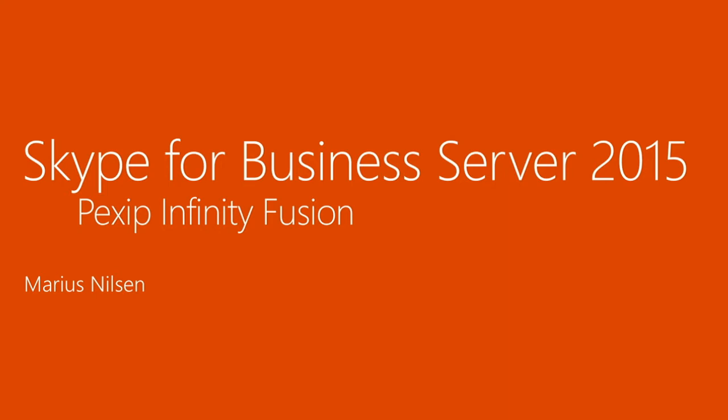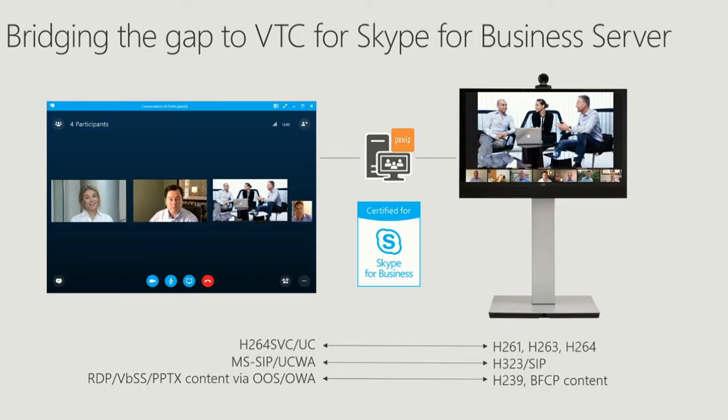Good. So I will talk a little bit about the certified Skype for Business interop for Skype for Business Server on premises. The Pexip solution is simply bridging the gap between all the different protocols supported in the Skype for Business clients in a Skype for Business meeting and in the VTC world.